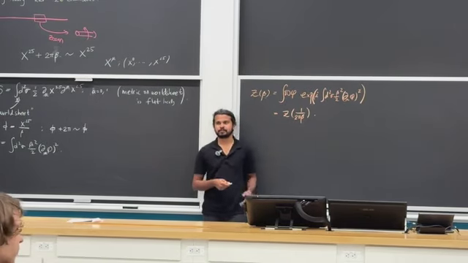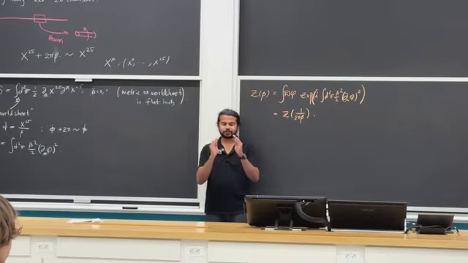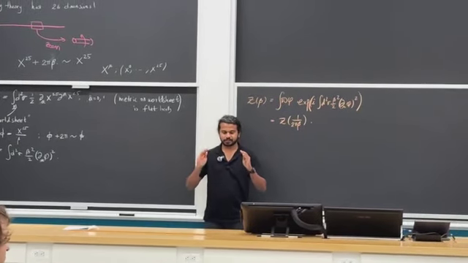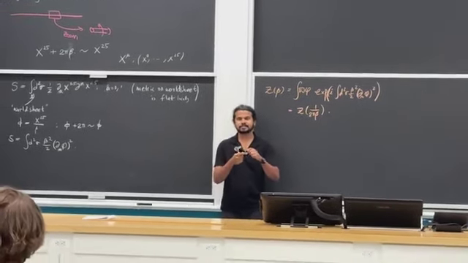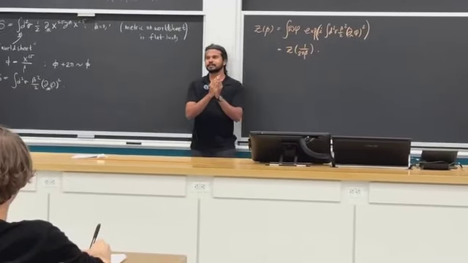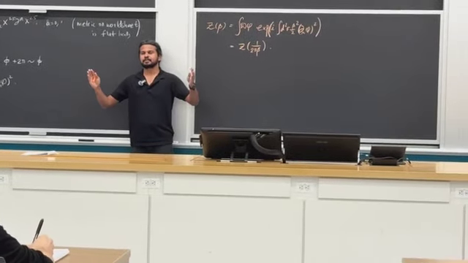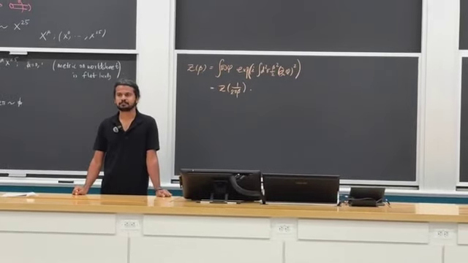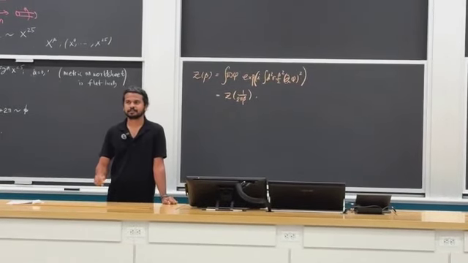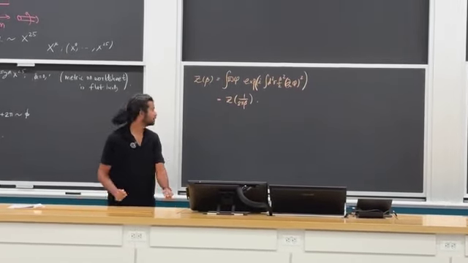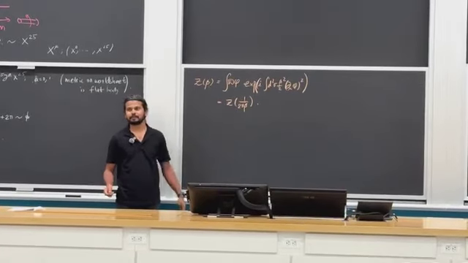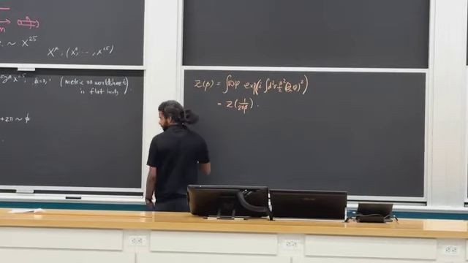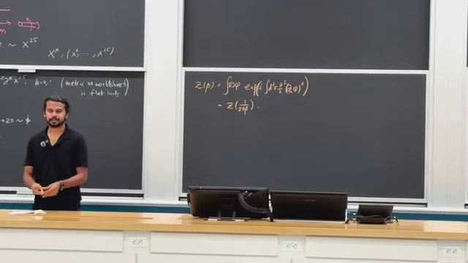So if I put the string in a target space with a small circle, that's completely equivalent to this string moving in a circle whose radius is too big. Is that qualitative idea clear? This is what we are going to prove. Any questions?